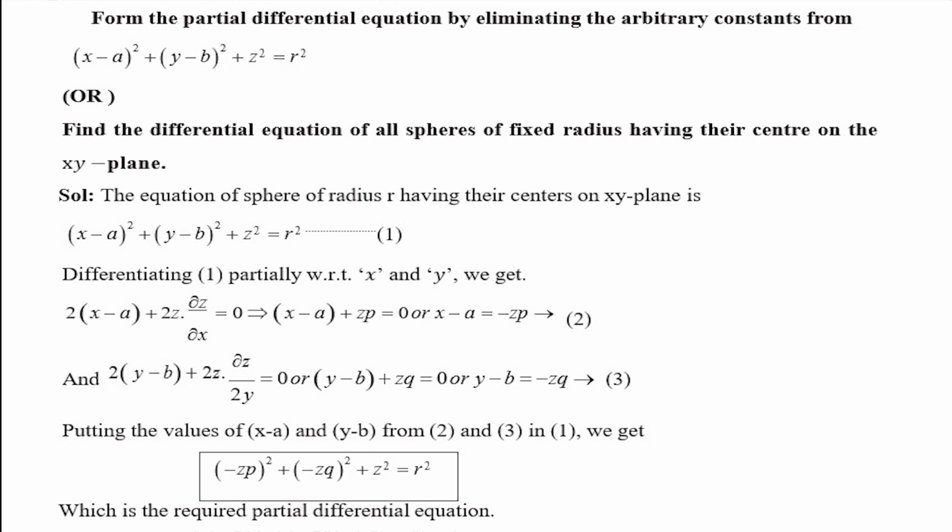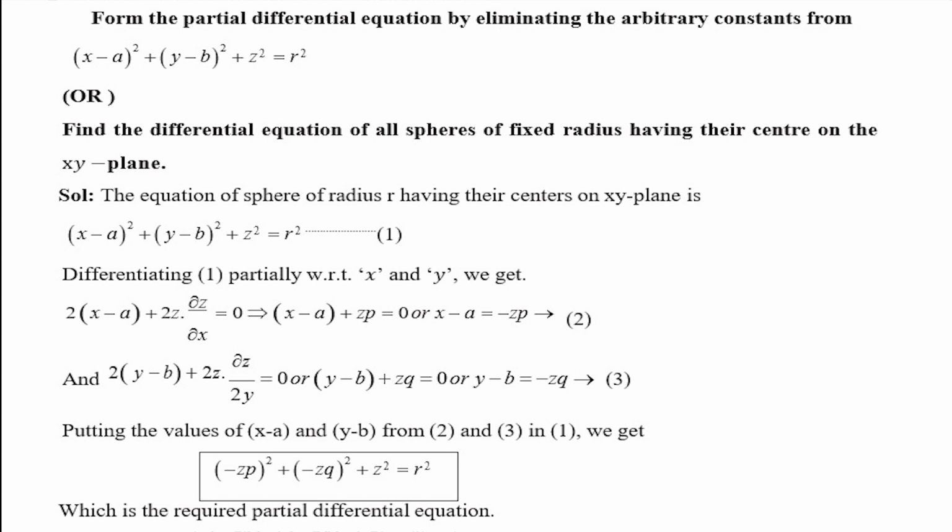Differentiating equation 1 partially with respect to x, we get 2(x − a) + 2z ∂z/∂x = 0. From this we get x − a = −zp. We substitute the value ∂z/∂x = p, so we get x − a = −zp.